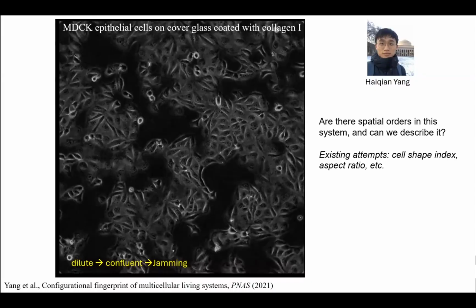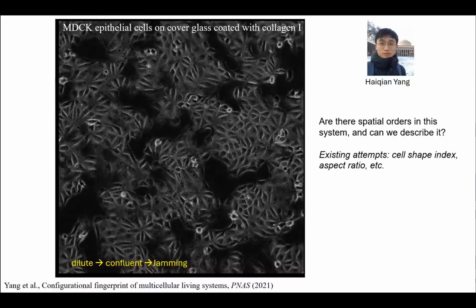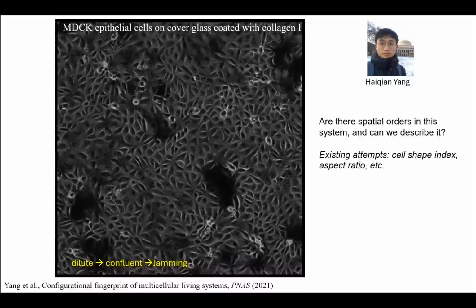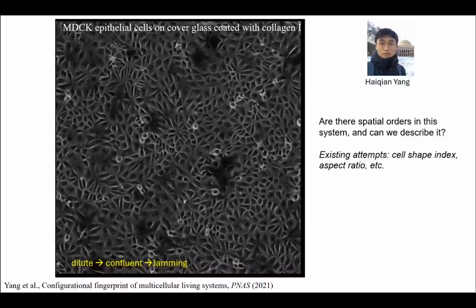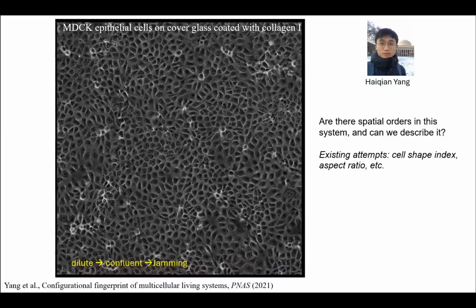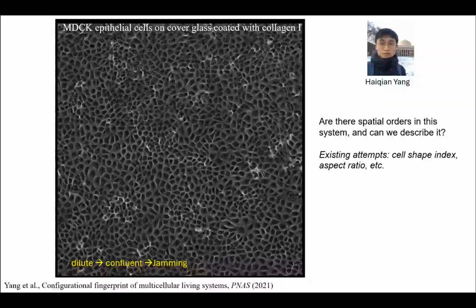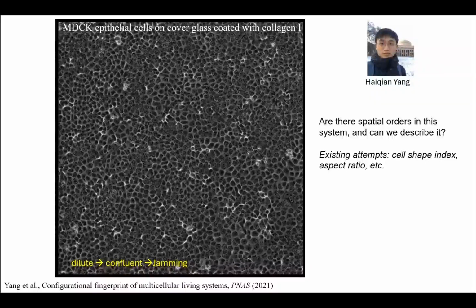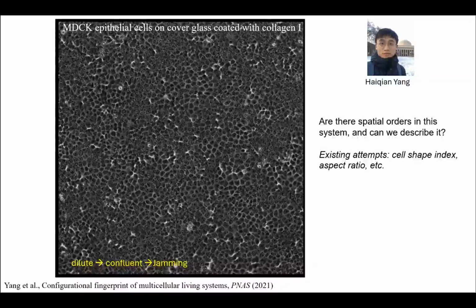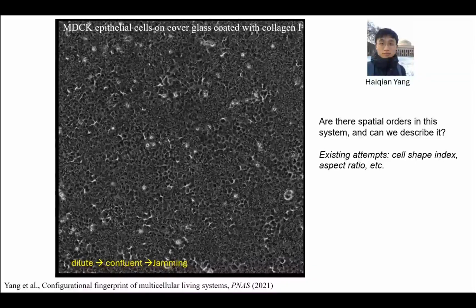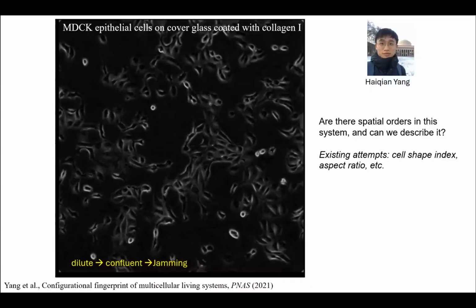So this is one of the early examples. What I show here is the 2D MDCK cells. They start from individual isolated cells, and then progressively become more and more concentrated, they form a monolayer, and eventually they suddenly just rest, and that's sometimes referred to as a jamming transition, where everything starts to stop.